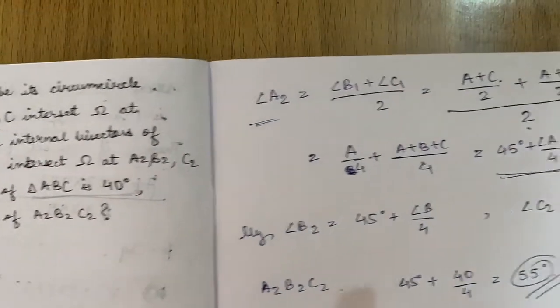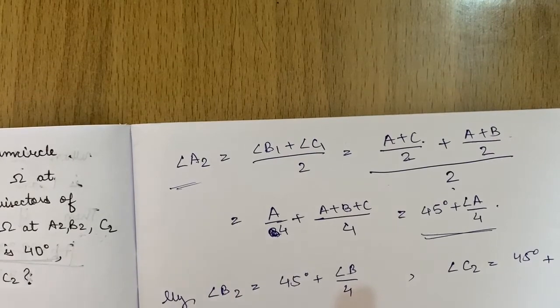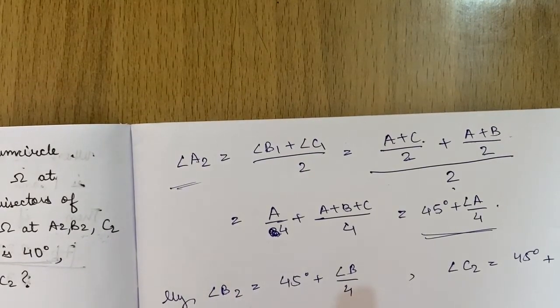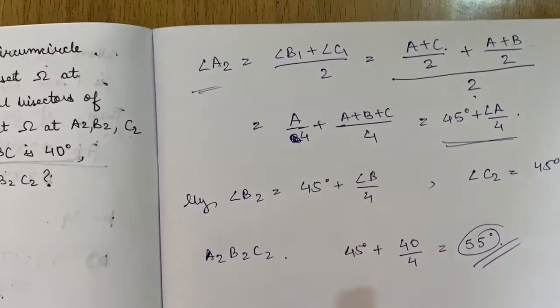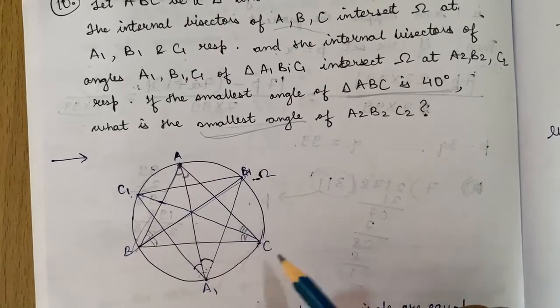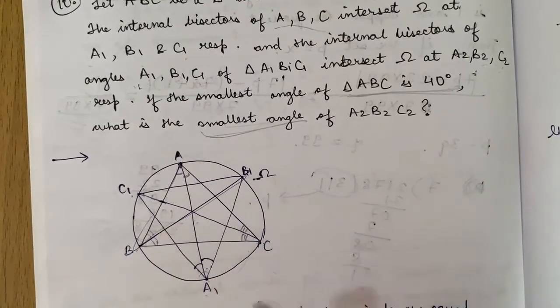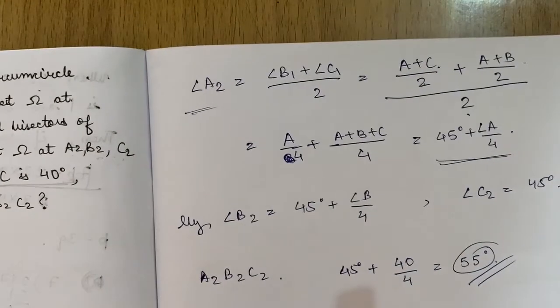Or if you are not satisfied with this, you can do this calculation again, replacing in this figure ABC by A1, B1, C1 and A1, B1, C1 by A2, B2, C2, and then you will get the same results that I am writing here.